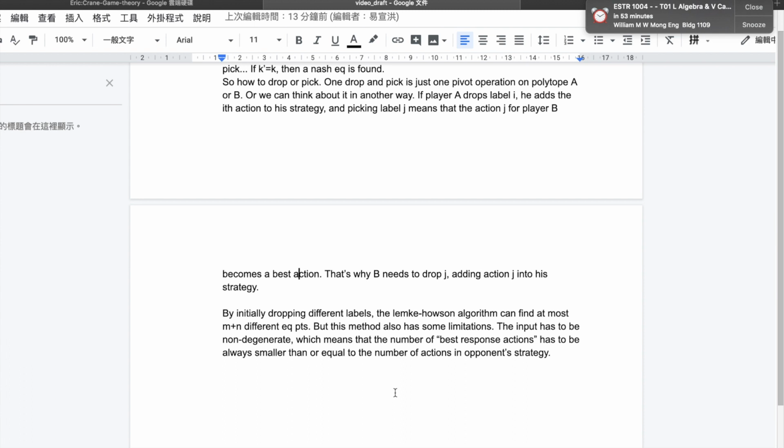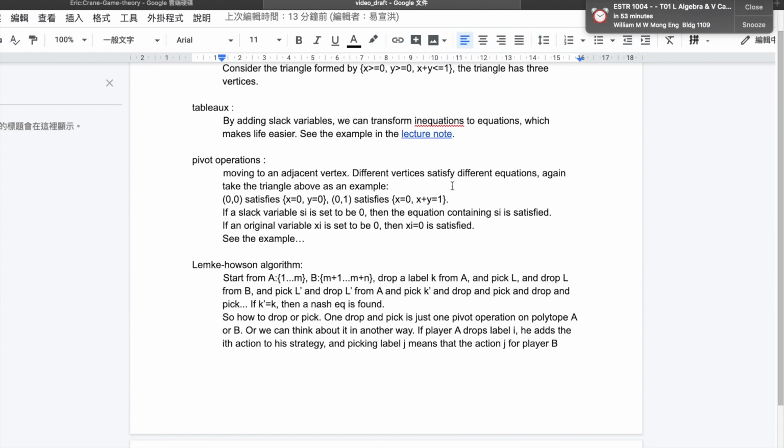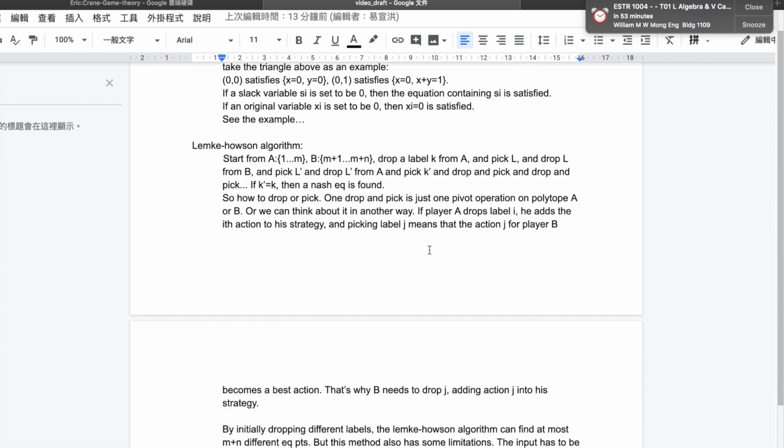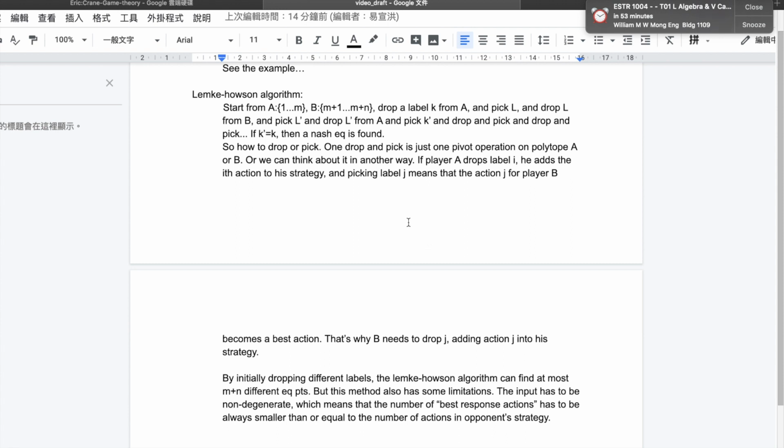For example, if I use 3 actions to form a mixed strategy, your best response actions cannot exceed 3. So that's all about the Lemke-Howson algorithm, or maybe not all, but that's all we have done.